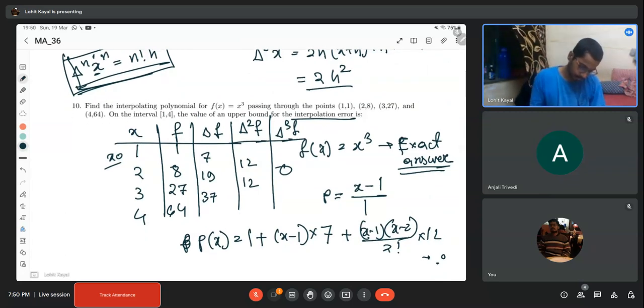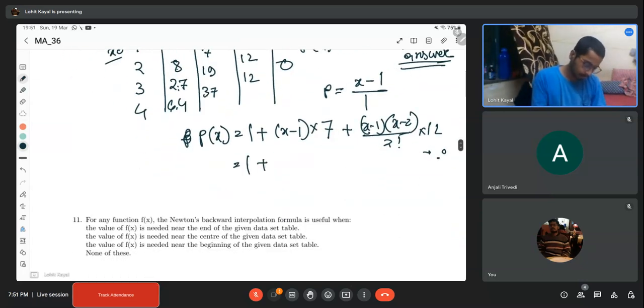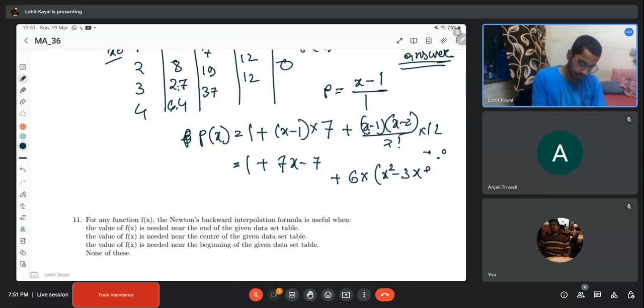Let us just check the formula. 64, 1, 8, 27, 64, 7, 19, this is 37, 12, 2 plus 7x minus 7 plus 6 into x squared minus 3x plus 2.